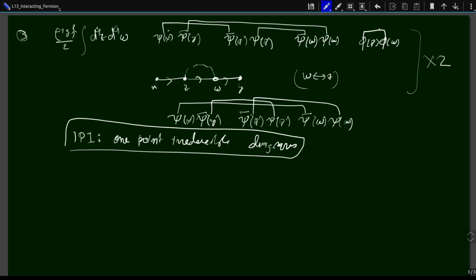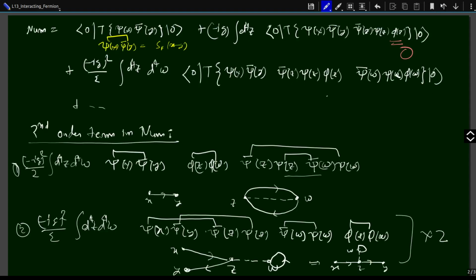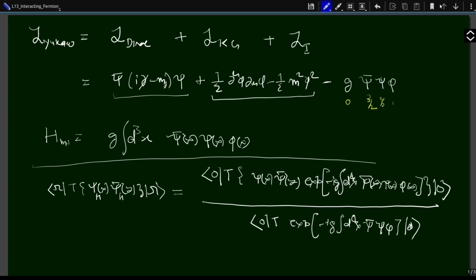Now let's look at the 4-point Green's function. Before writing over there, I'll say that again here I'm only doing the computation of the numerator. I'll do the denominator later and say what the role of the denominator is, how the bubble diagrams cancel out.